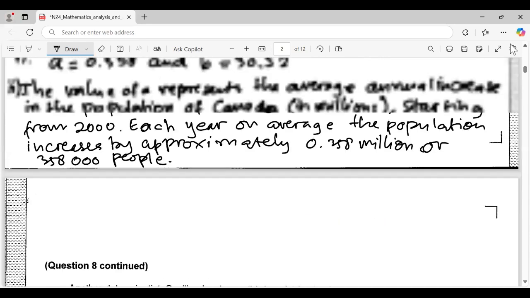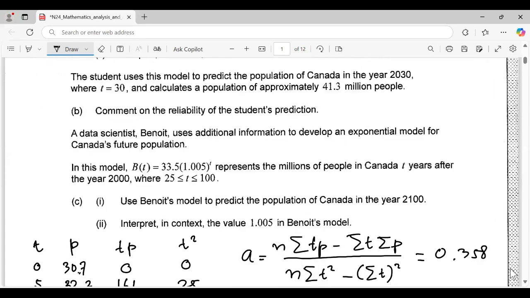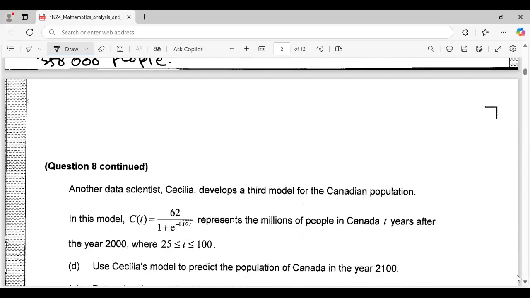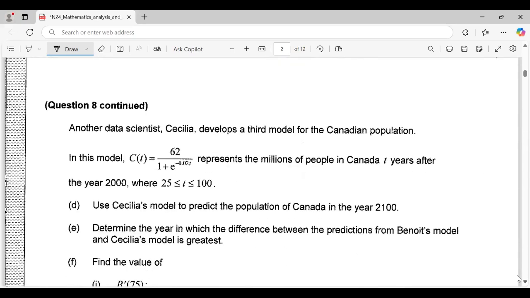Part D. Another data scientist, Cecilia, developed a third model for the Canadian population.